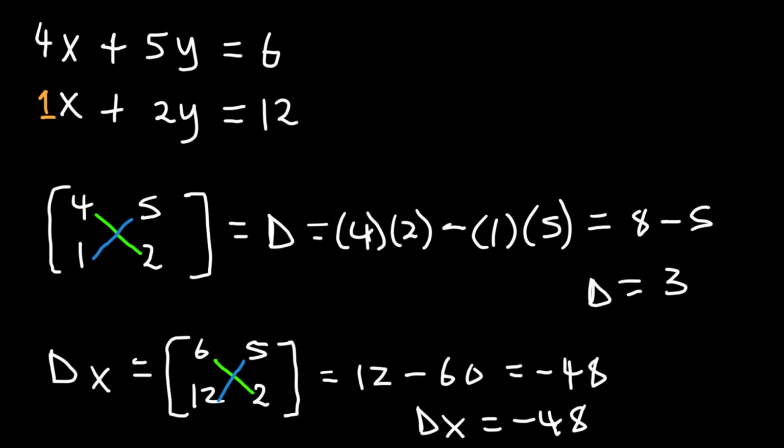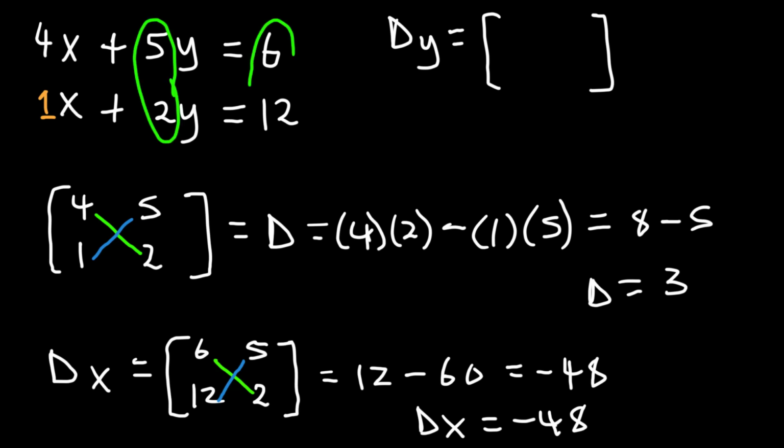And now what we need to do is find Dy. Dy will also be a 2 by 2 matrix. But in this case, we shall replace the coefficients of y by the numbers on the right hand side of the equations. So the coefficients of x will remain the same. We shall have 4 and 1. And then, instead of writing the coefficients of y, we shall write 6 and 12.